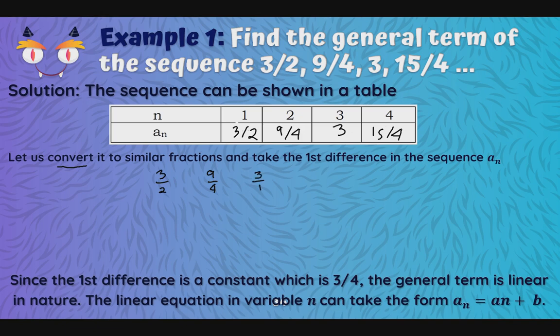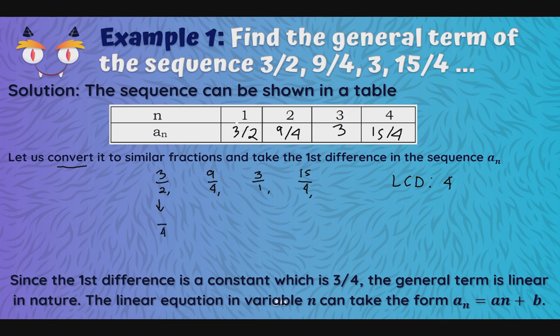This is the fraction form of 3, and 15 over 4. So let us find the LCD of 2, 4, 1, and 4. And the LCD of those numbers is, very good, 4. So convert 3 halves into a fraction with 4 as the denominator.